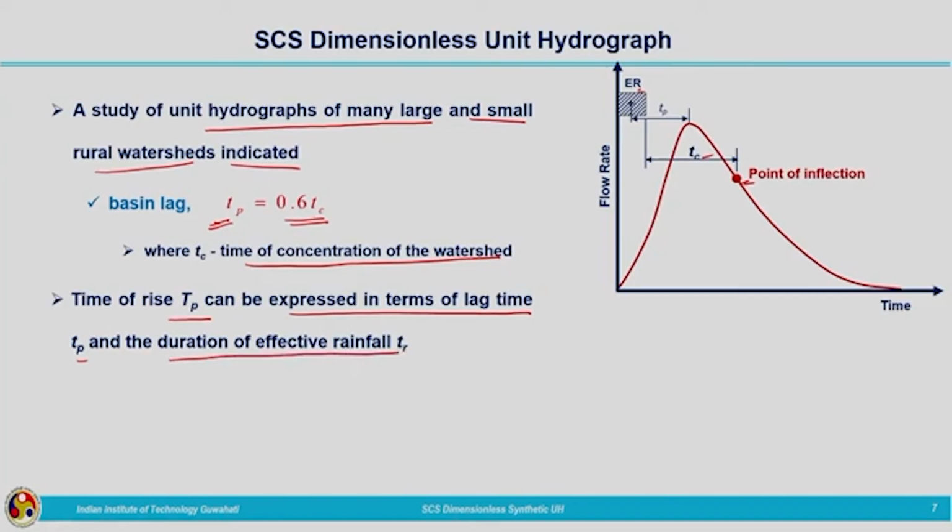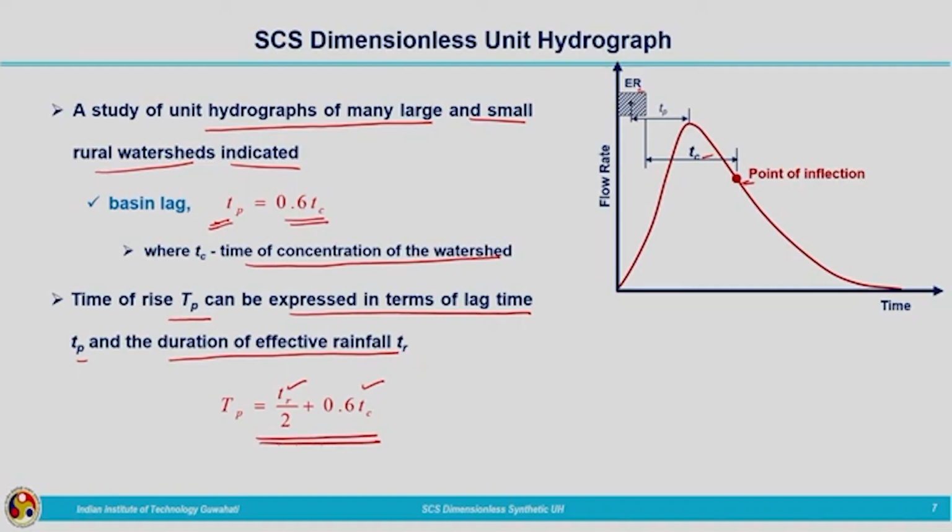We have already seen capital TP is equal to small TP plus TR divided by 2. That can be written as capital TP is equal to TR divided by 2 plus 0.6 TC. TR is the duration of the effective rainfall and TC is the time of concentration.